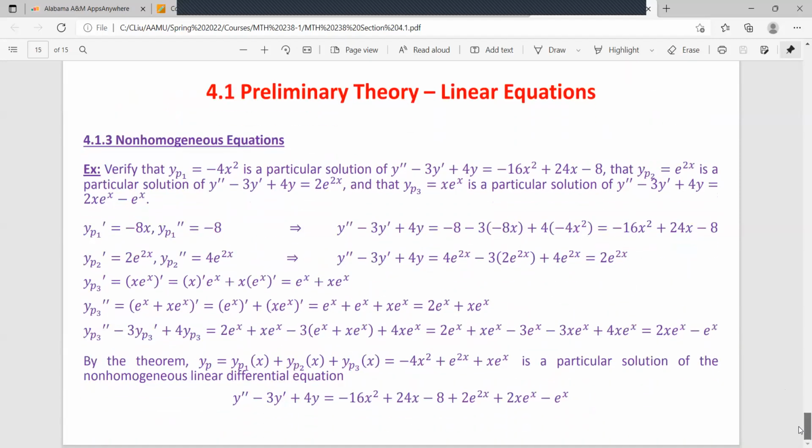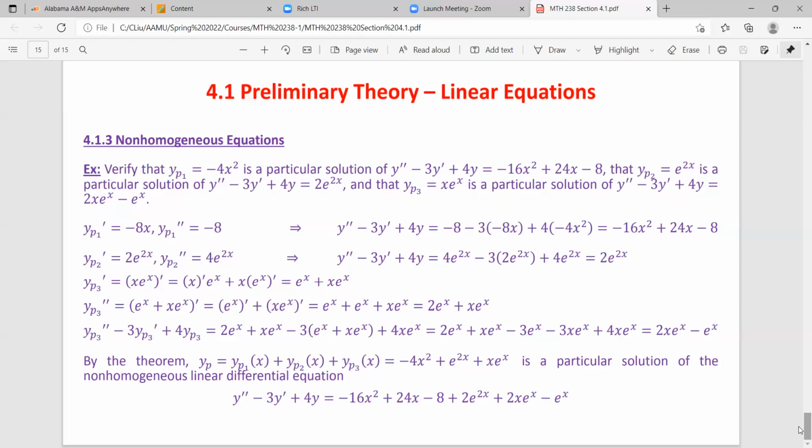Okay, let's just do one example. Again, we're not trying to solve the differential equation. We're going to discuss that in the next section, but we just verify the solutions are correct for the differential equation.